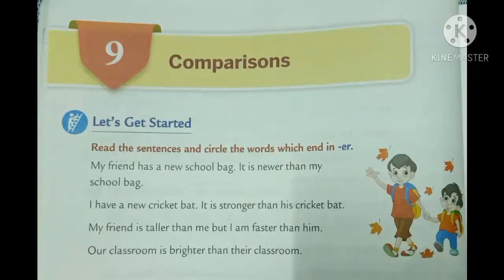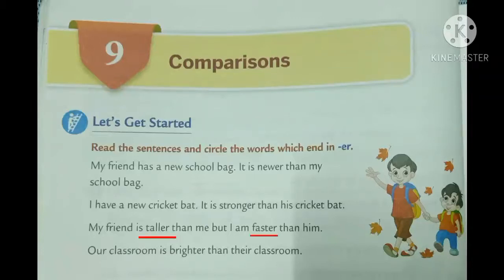So, which word are you going to circle over here which ends in ER, children? Yes, stronger. So, circle stronger over here. Next, my friend is taller than me, but I am faster than him. Okay, so which words are you going to circle over here?